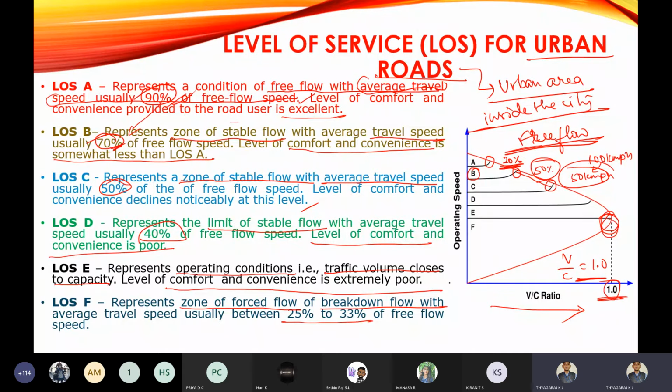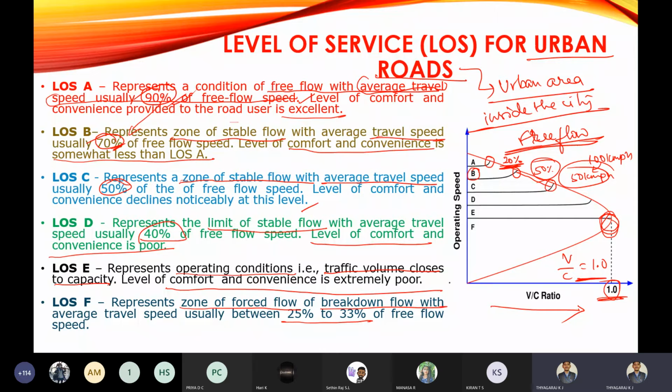For D, it is 40%. For E, the volume to capacity ratio will be 1, that is, the volume reaches the capacity. It can accommodate 1000 vehicles, means in level of service E it will be accommodating only 1000 vehicles. It is already accommodated and you can't move the vehicles. That is called forced flow. You can't force the vehicle, it is already accommodated.